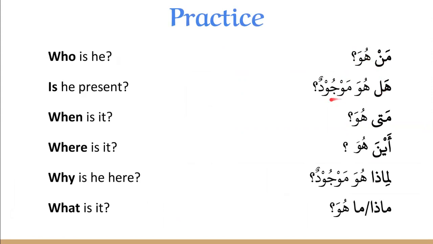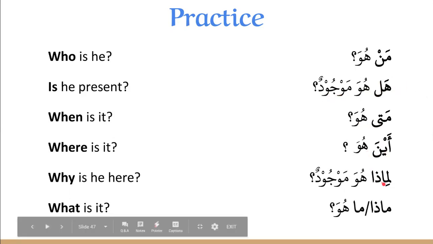Then huwa mawjudun. Huwa mawjudun means he is present. If I add hal at the beginning, hal huwa mawjudu, is he present? Okay. Then huwa is he, right, or it. Then mata huwa, when is it? Or aina huwa, where is it? Okay.